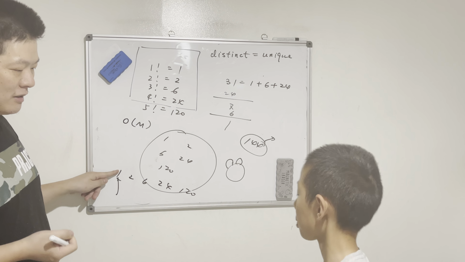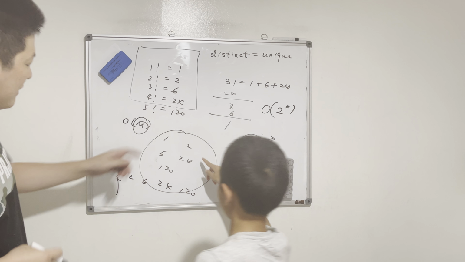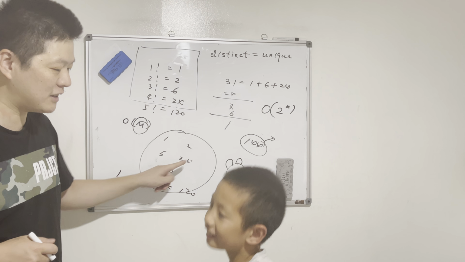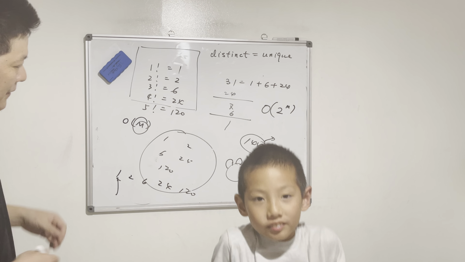No, it's O of 2 to the power of M. Why? Because we have 2 choices with each of the M items: 2 times 2 times 2, a multiplication. So let's try this brute-force search.